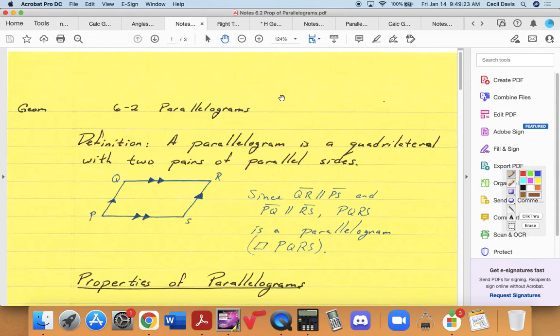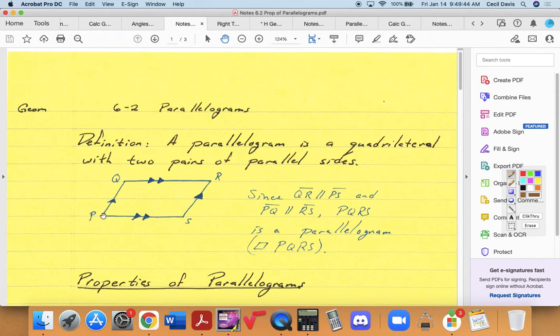Okay, so we're going to start talking about parallelograms today. All of you recognize parallelograms. I think most of you know the definition. It's just a quadrilateral with two pairs of parallel sides. That makes it a parallelogram.